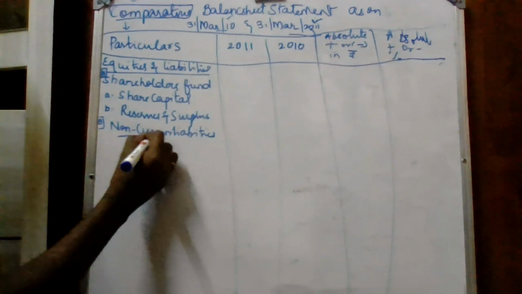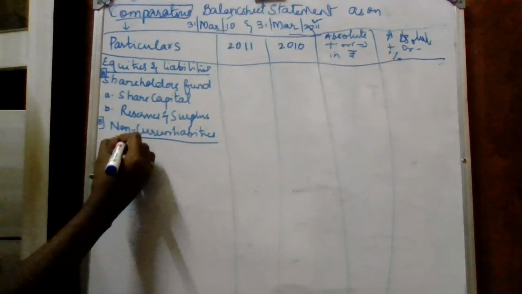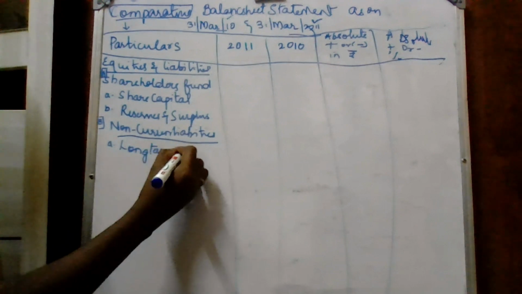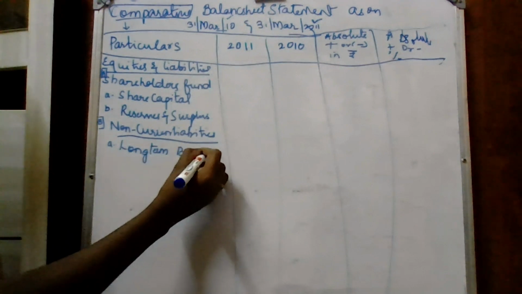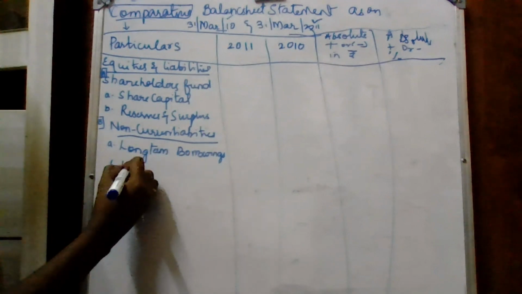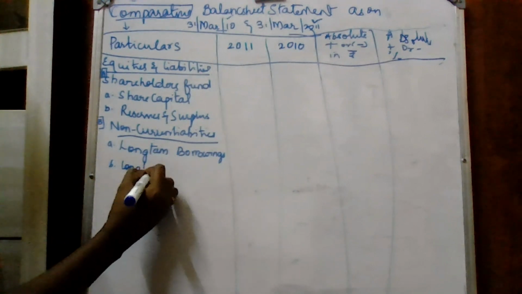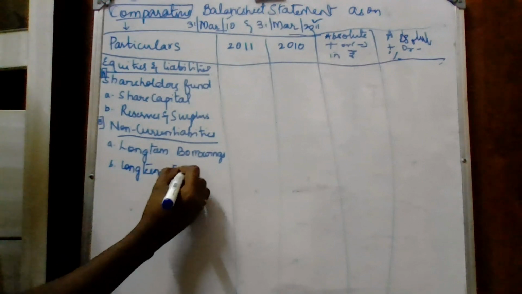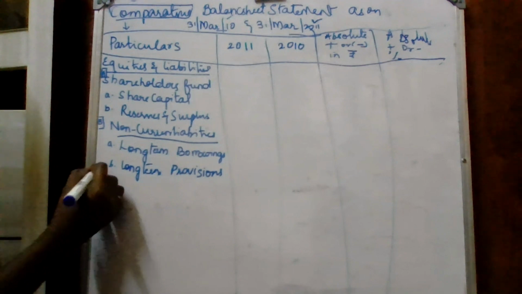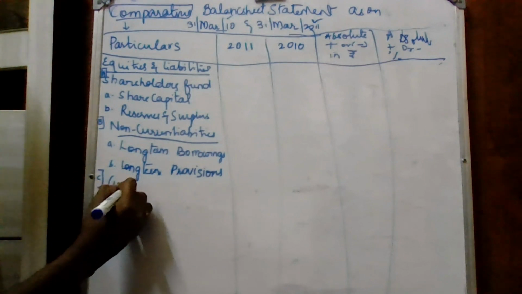Under non-current liabilities, long-term borrowings and long-term provisions. Next, we have current liabilities.